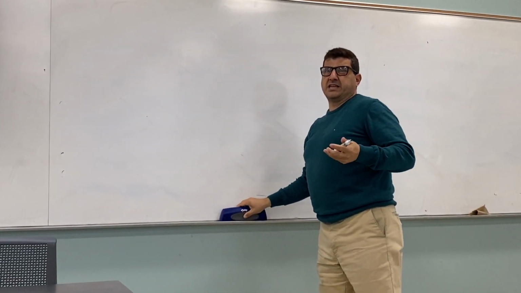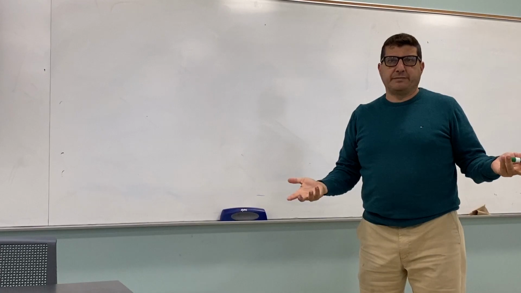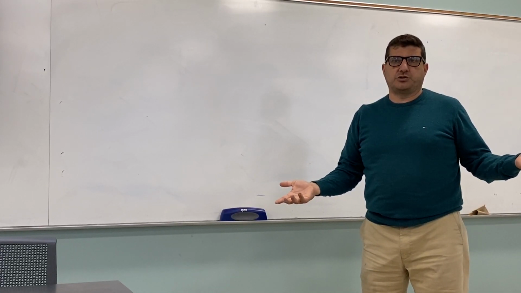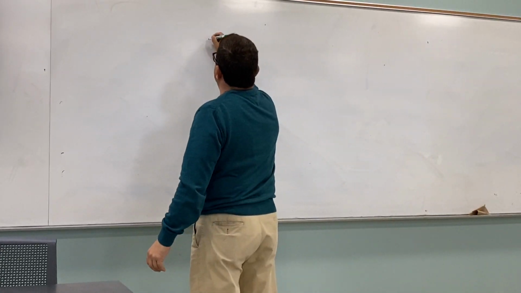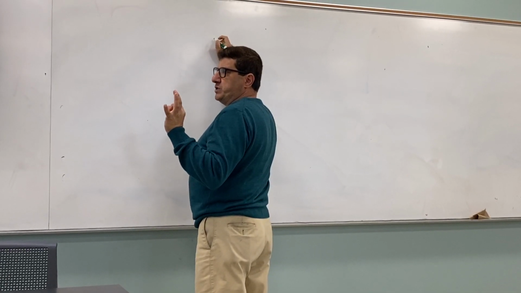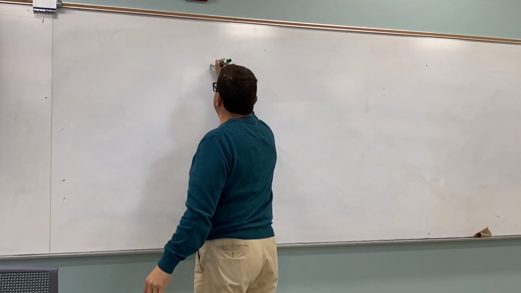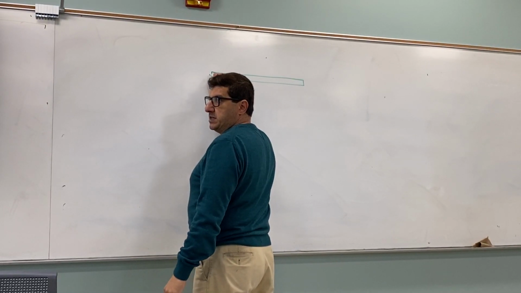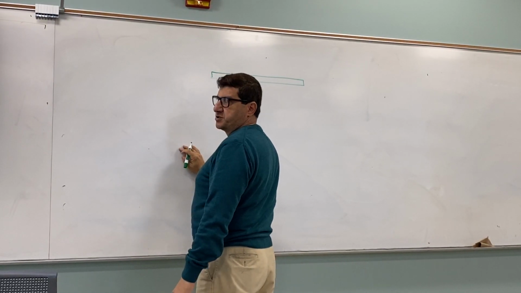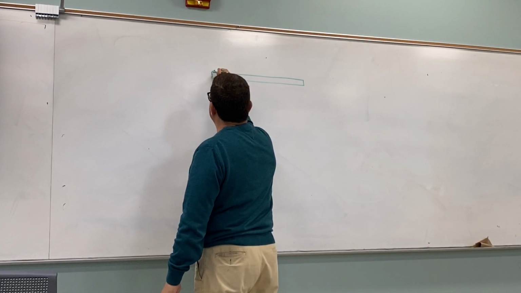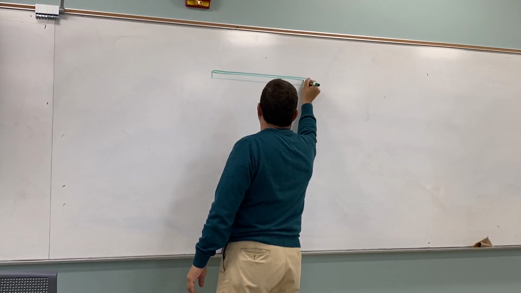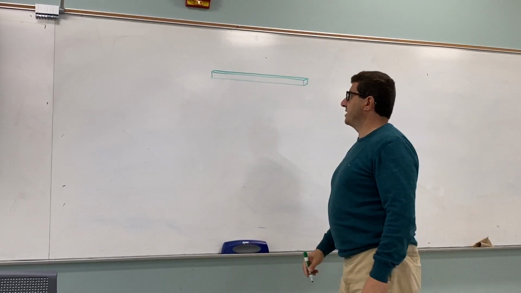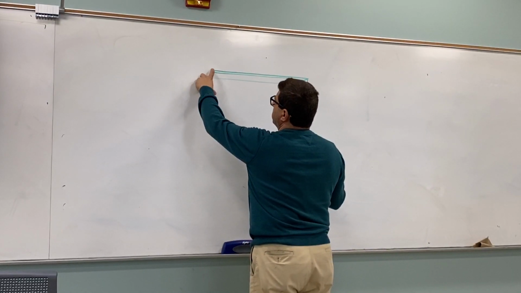Of course, nothing is particularly just 1-dimensional. We live in a 3-dimensional world, right? But a 1-dimensional object we take as one where one of the dimensions is quite a bit longer than any of the other dimensions, such as a rod, like those train tracks. It could have a width and a height.